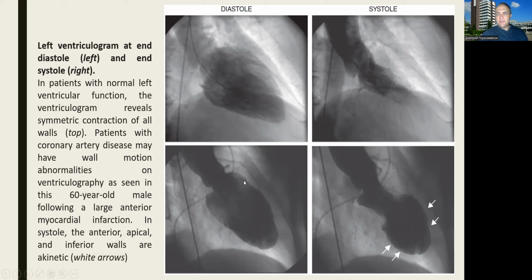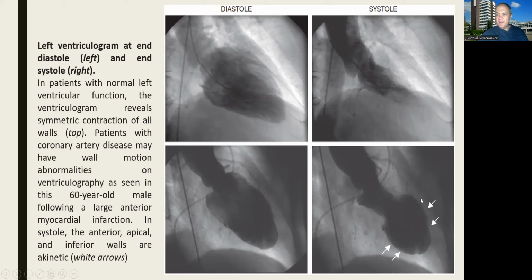Patients with coronary artery disease may have wall motion abnormalities on ventriculography, as seen in this 60-year-old male following a large anterior myocardial infarction. In systole, the anterior, apical and inferior walls are akinetic. Look at and compare to this picture.